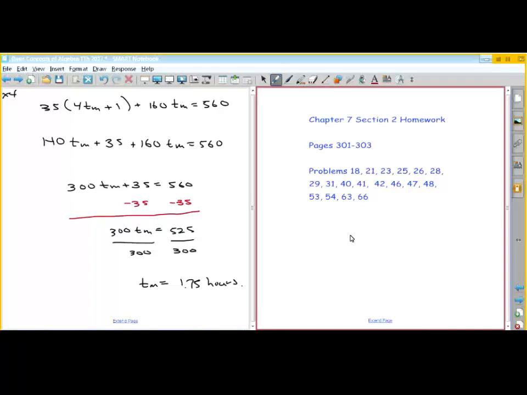There's a couple of mixture problems, a couple of interest rate problems, and a couple of time problems. Probably these last two here are ones involving time. So make sure you don't wait till the last minute to do those homework problems, because it's going to take you more than your average homework assignment. This will be due next Tuesday for the test.